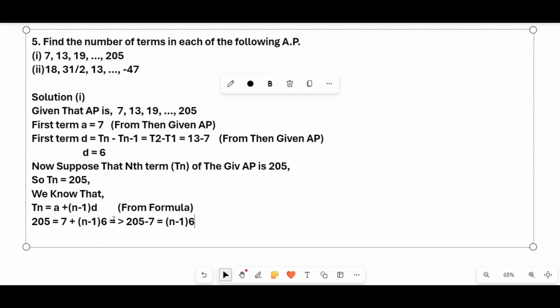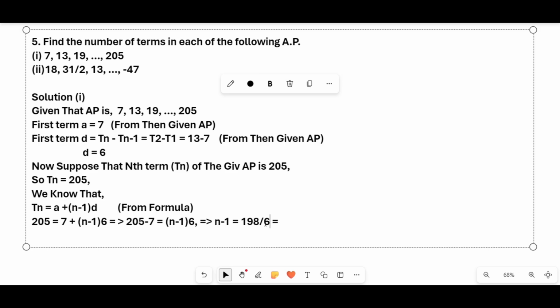Okay, 205 minus 7 is 198. Else we can say that n minus 1 is equal to 198 divided by 6.